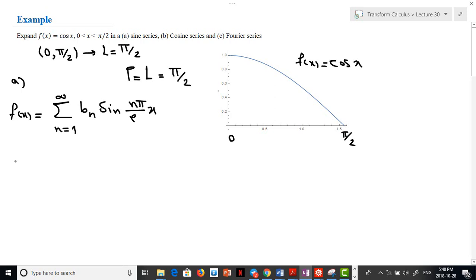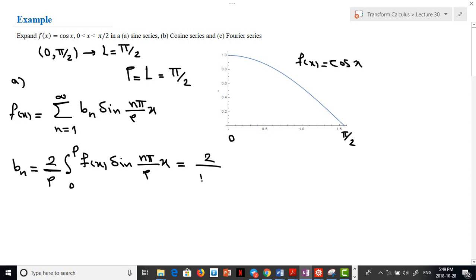So now we have to find bn. We have an odd function, so bn is 2 over p, the integral from 0 to p of f(x) sine(n pi over p x) dx. With p equal to pi over 2, it's the integral from 0 to pi over 2, f(x) is cosine x, sine(n pi over pi over 2 x) dx.